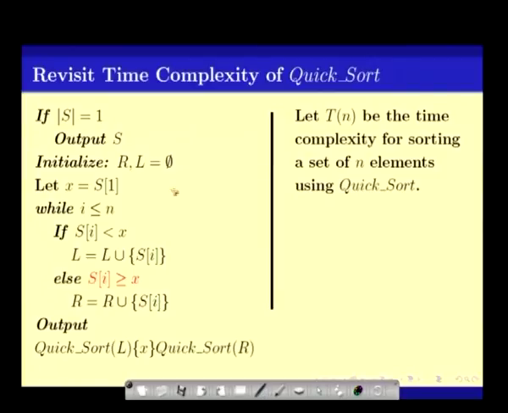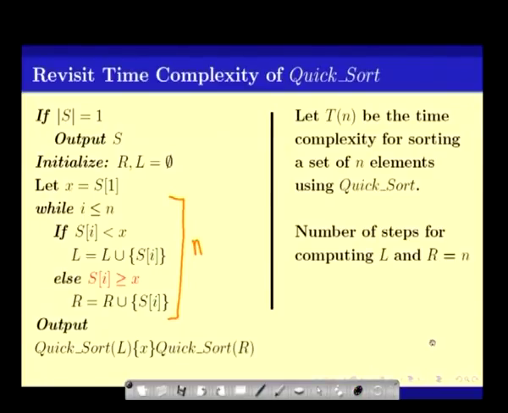Now, to split this whole set S into L and R, we required around n steps. So, the number of steps required to split it into R and L was n, and then we called quick sort L and quick sort R recursively.